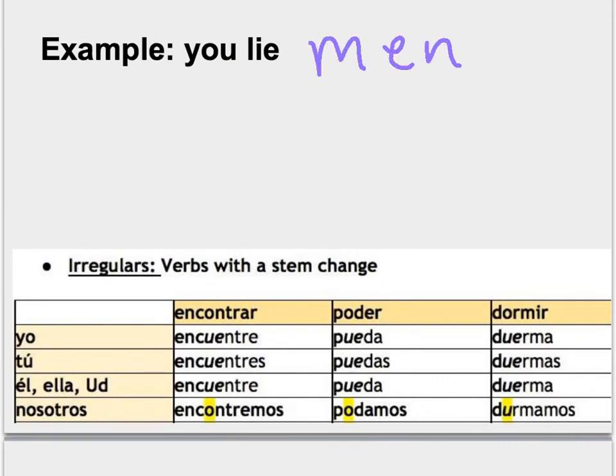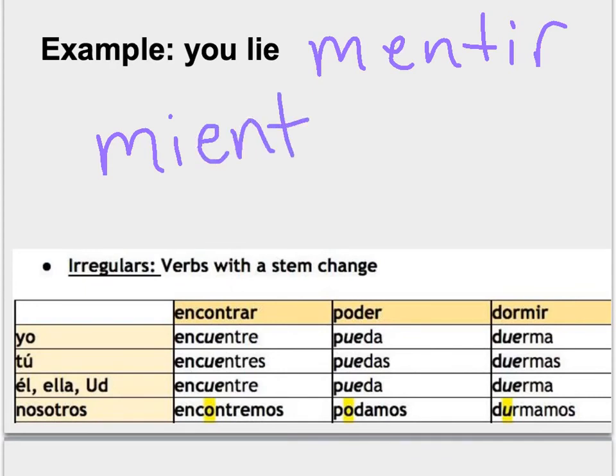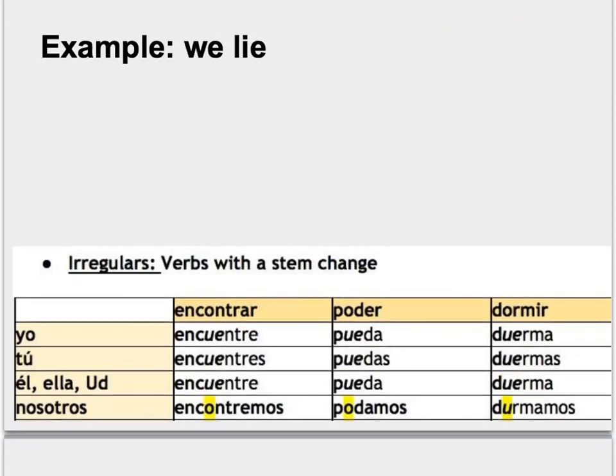Similarly, you lie. We have mentir, to lie. Miento is the yo form. Mentir is an IR verb, so the opposite ending would be as: mientas. All right, what about we lie?